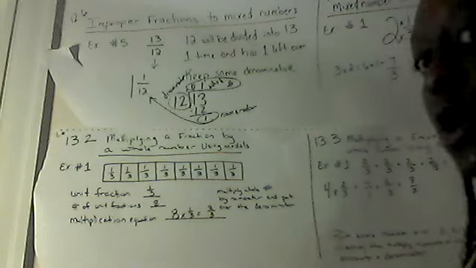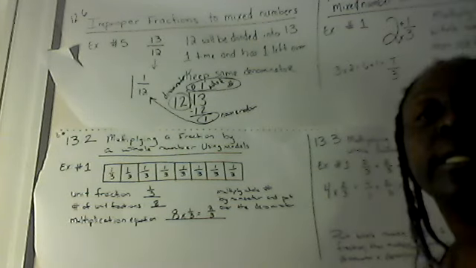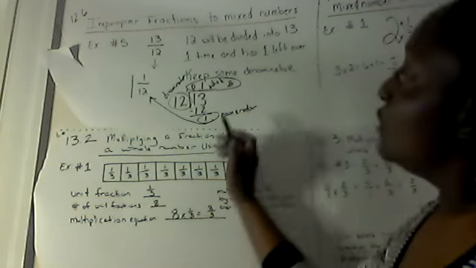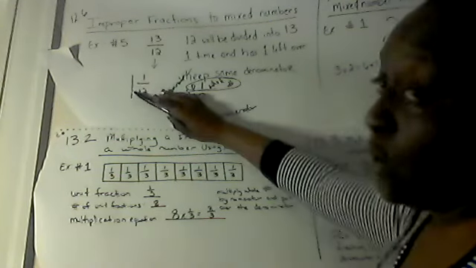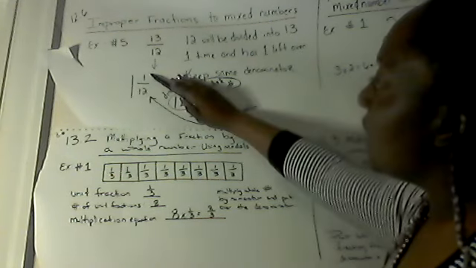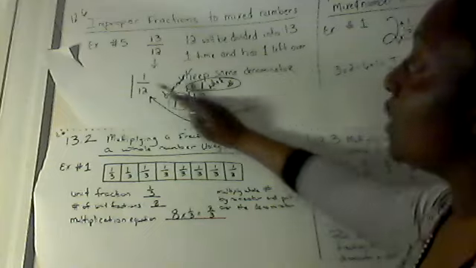So as long as you're doing your division correctly, then there should be no issue there. So you'll see how I have 1 as a whole number, 1 as a numerator, and I count my denominator as 12 here. Okay?